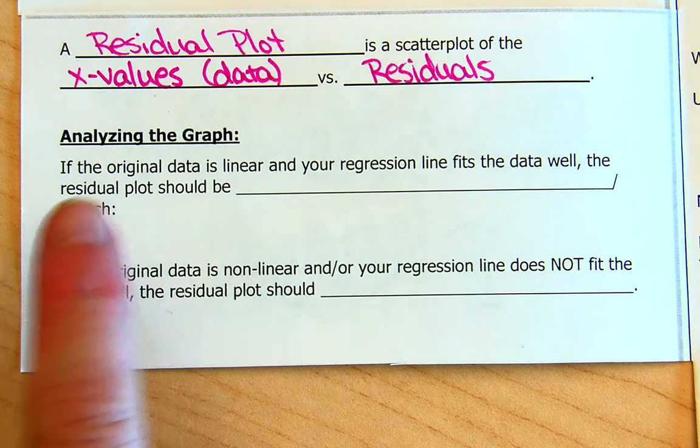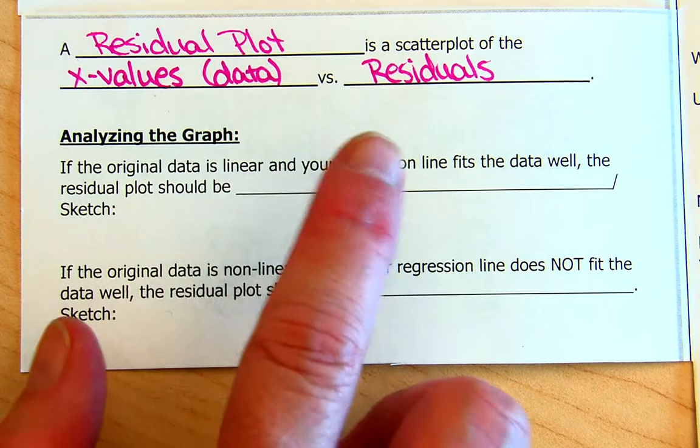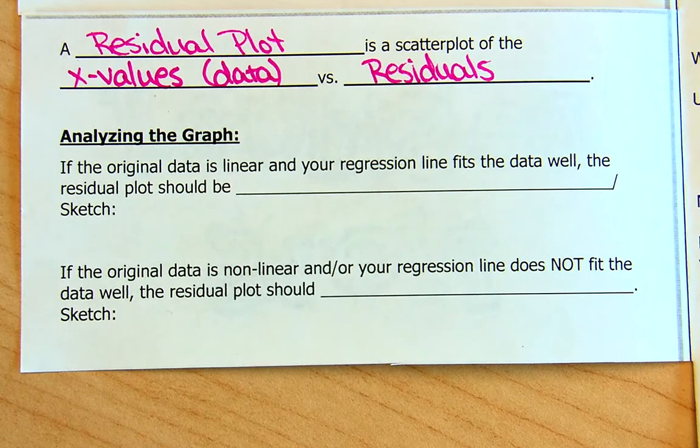So on our x-axis, we'll have the x values from our data set. The y-axis will be the residuals. So for each x value, we want to get a predicted, and then we want to subtract actual minus predicted, get that residual value, and graph it. We'll go through an example of that, so you'll see how it works.